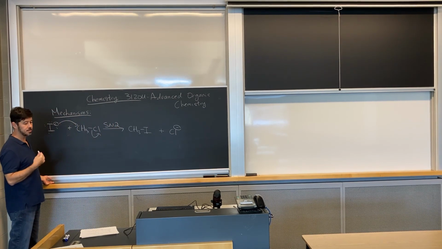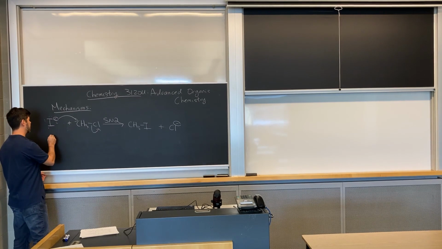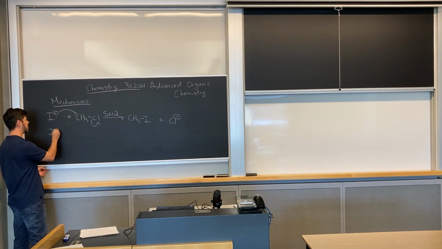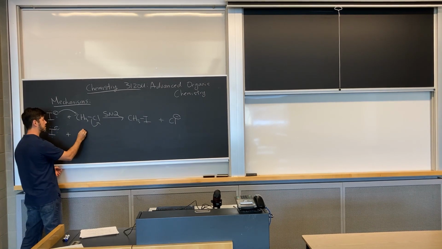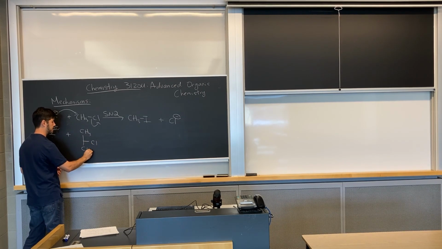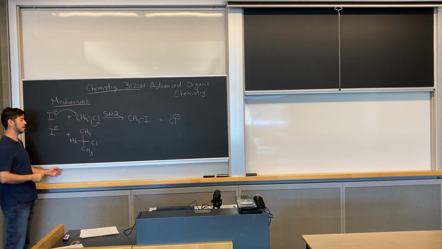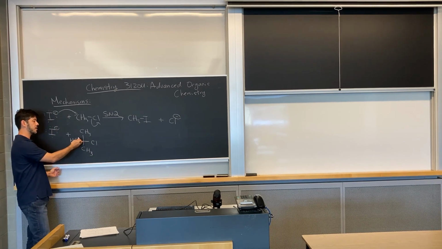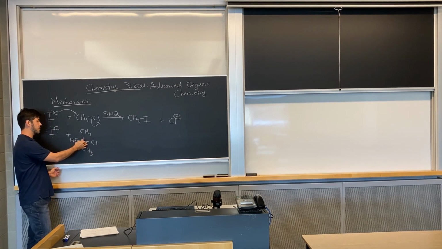Another type of mechanism that you have seen before is if we take our same nucleophile and if we change our electrophile to something like this, we now have a tertiary carbon. This is our leaving group.